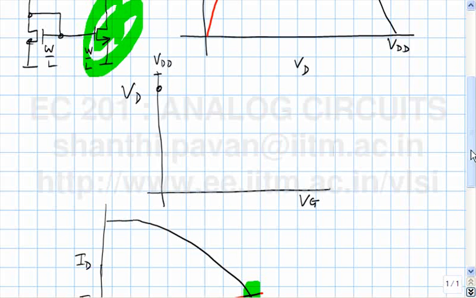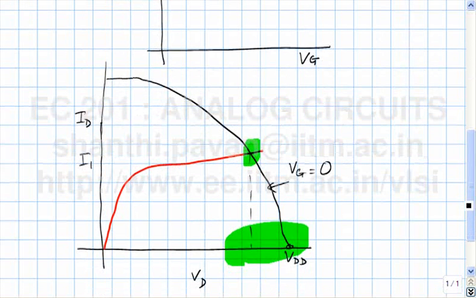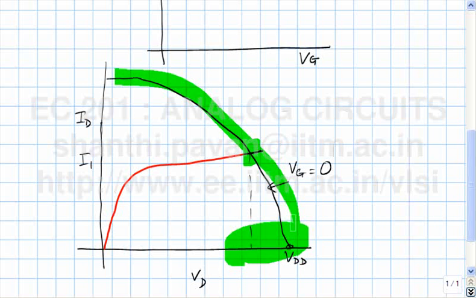Okay. Now let me start increasing Vg slowly. So what do you think will happen? For every Vg, I need to plot a curve like this, find the corresponding point of intersection and then plot the output. Correct? So if I increase Vg slightly, what do you think will happen?